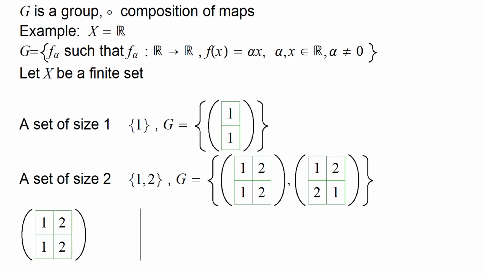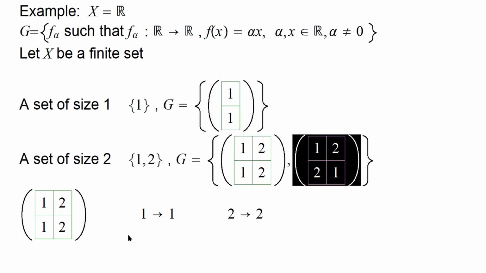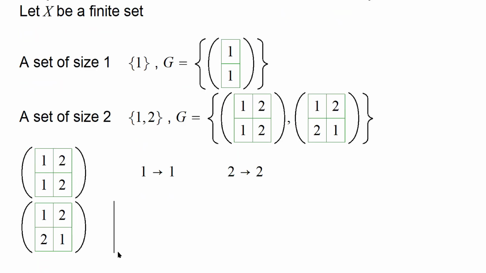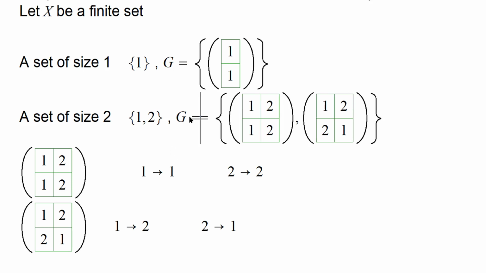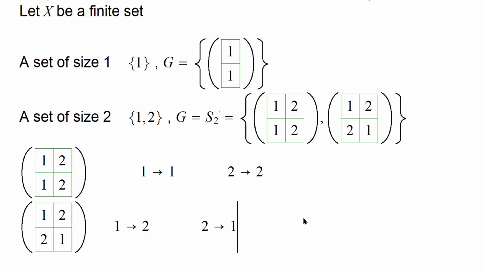So this one means 1 goes to 1 and 2 goes to 2, and this means 1 goes to 2 and 2 goes to 1. Now let's call this G, or let's take another symbol for this. Let's call it the symmetric group on 2 symbols.